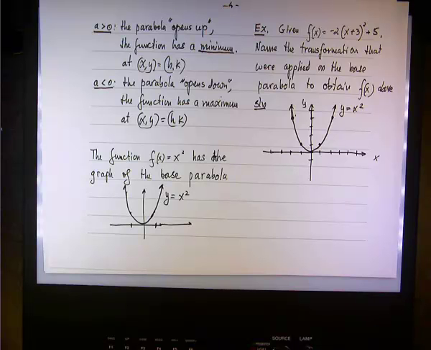Rigid transformation is where we don't change the shape of the graph. We move the graph as is, to the left or to the right, up or down. Non-rigid transformation is where we stretch and compress, because as we stretch and compress, we change the shape of the graph.